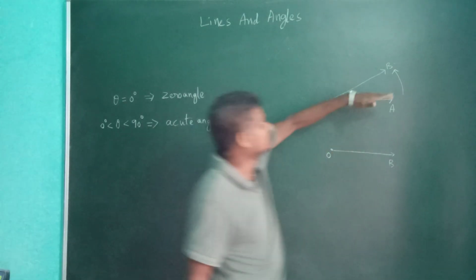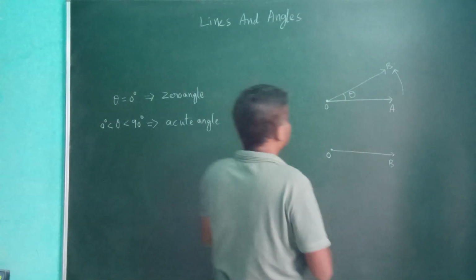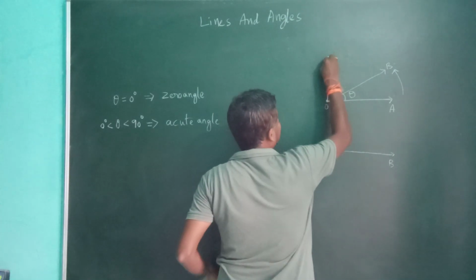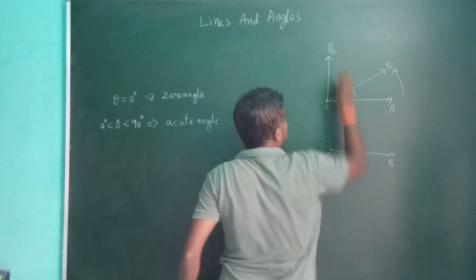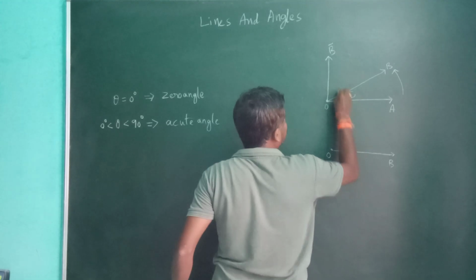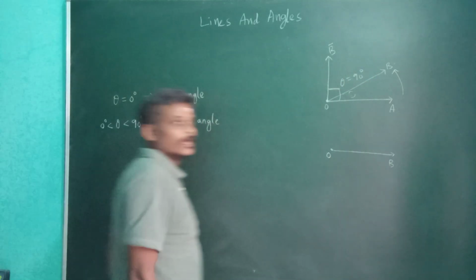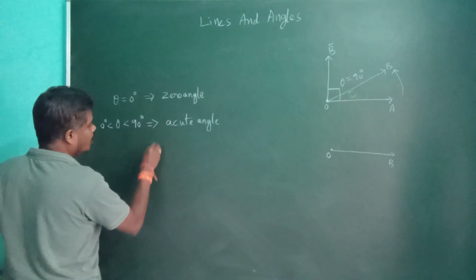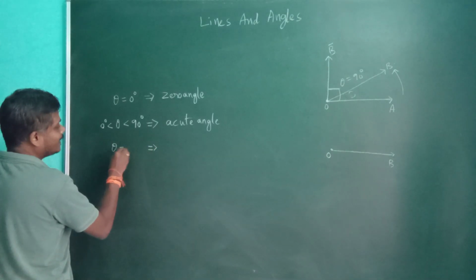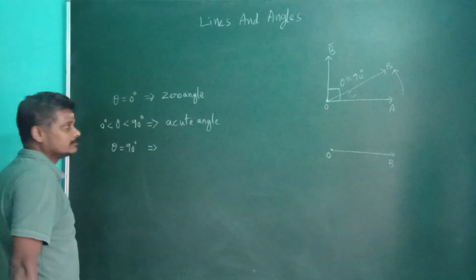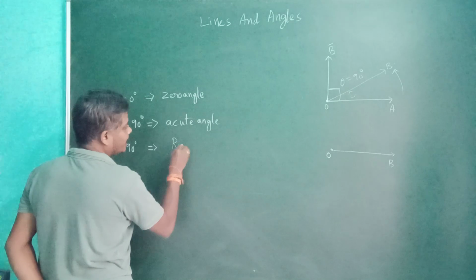If I rotate this ray further such that this theta is 90 degree, then it is called right angle. This is called a right angle.